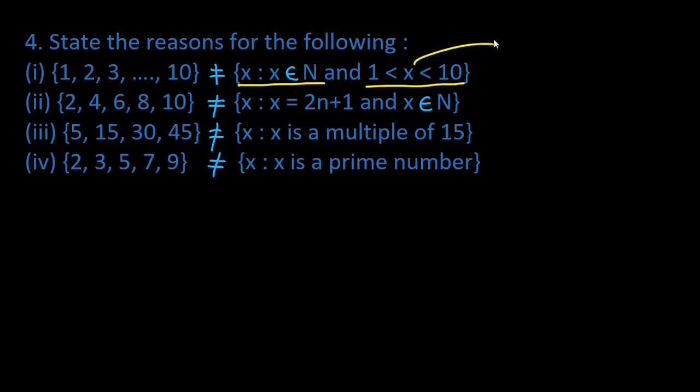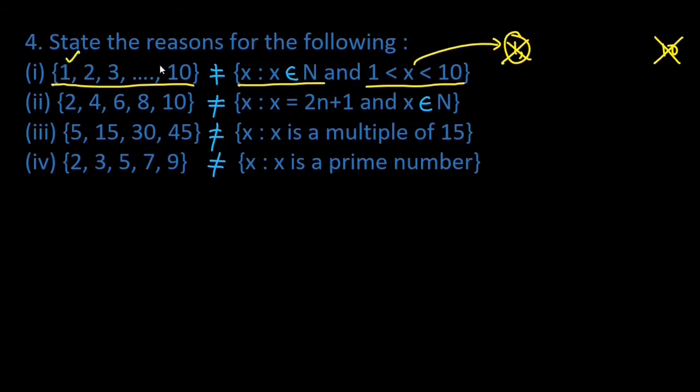So here x is between 1 and 10. So x will not take value 1 and x will not take value 10. So we can take the values between 1 and 10.